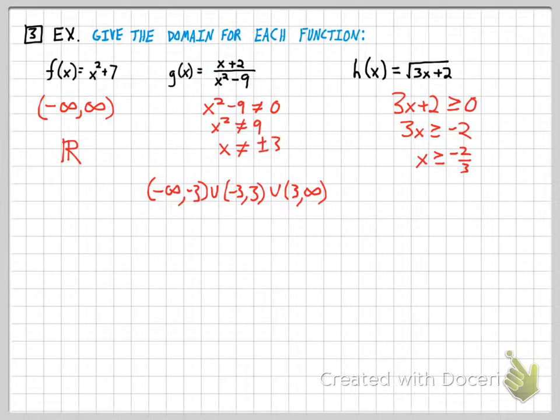Alright, my interval notation for this is going to look like a bracket, -2/3, and everything above it would be everything to the right. And those are the domains for these three functions. Every function is a little bit different, but you always have to think carefully, and again, watch out for the special cases of zeros in the bottoms of fractions and even roots of negative numbers.